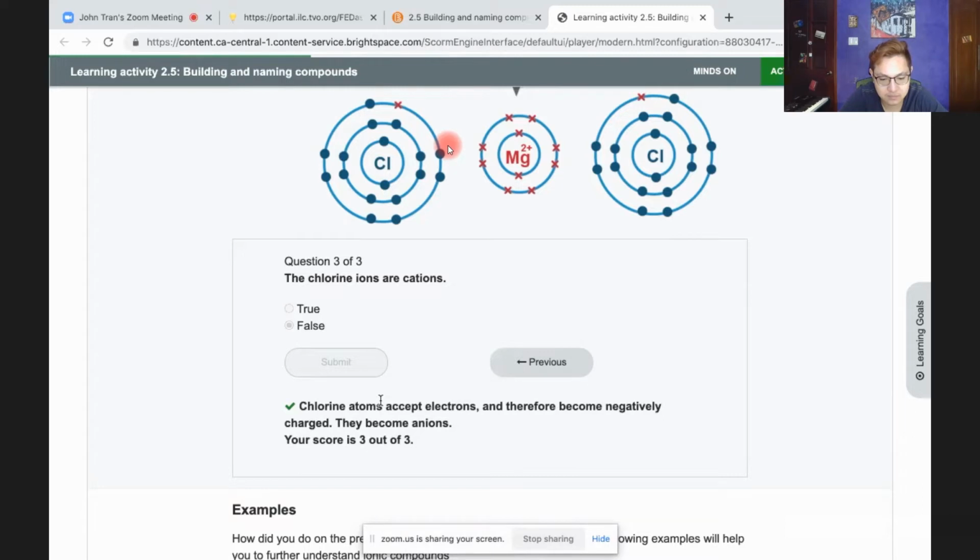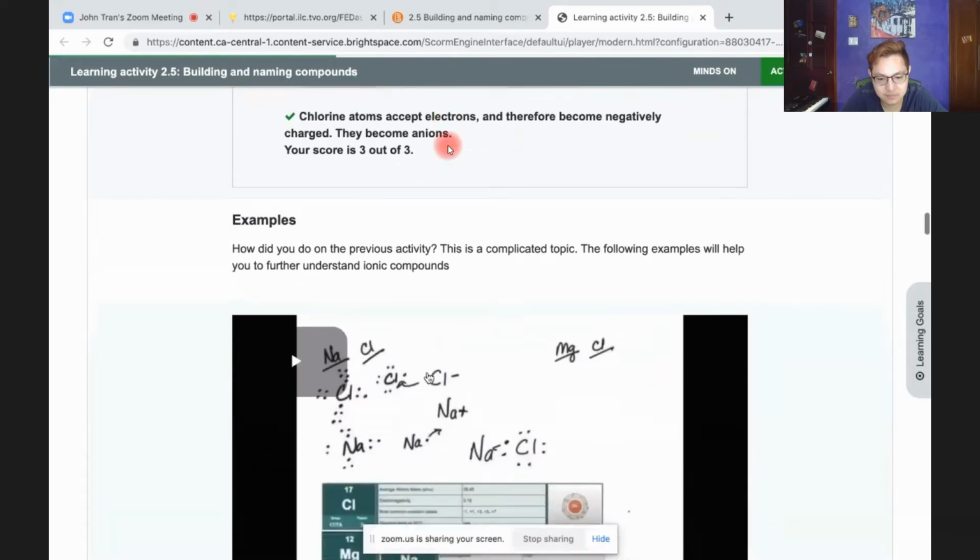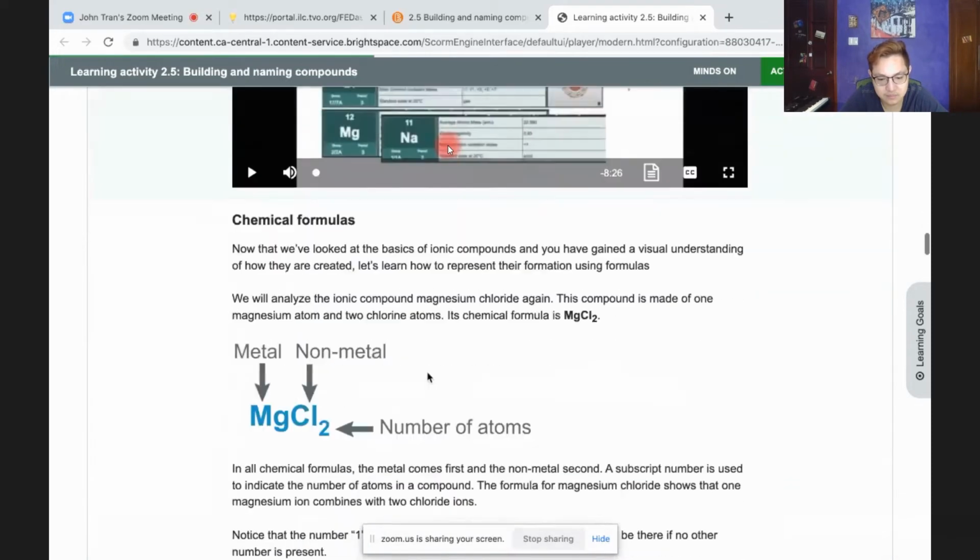Chlorine atoms accept electrons and therefore become negatively charged and become anions. So, get it now.